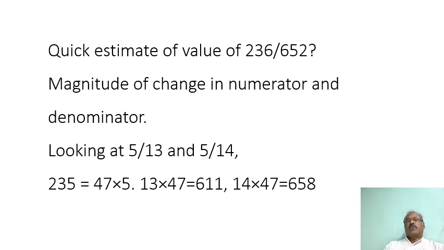So the change in numerator is far larger as compared to the change in denominator. So the value will go much lower. So our correct option will be 5/14.